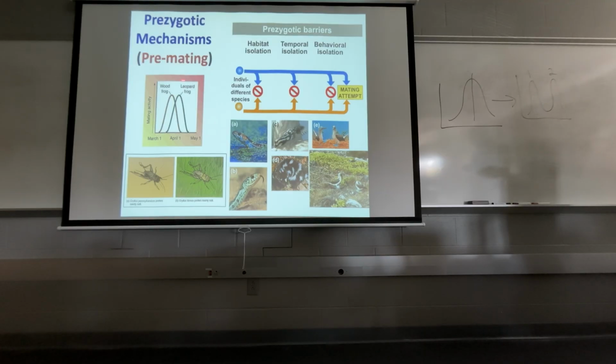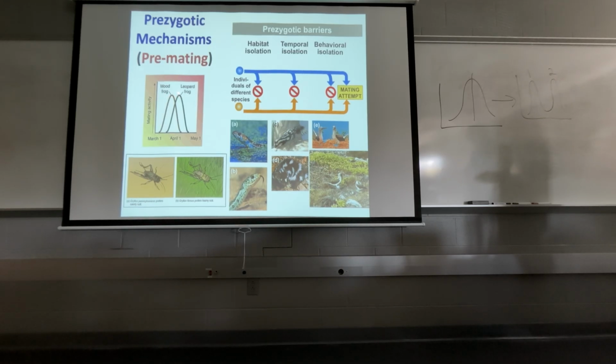These 2 are spring breeders. The wood frog is the earliest frog to reproduce here in Indiana. Typically, I've seen them in ponds calling as early as March, even late February. So they start calling and breeding really early in the spring, when there's still even ice in the water.